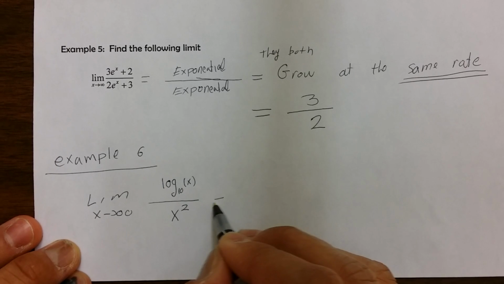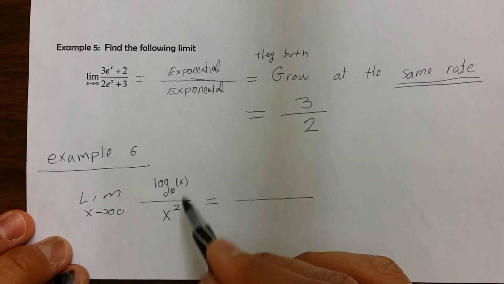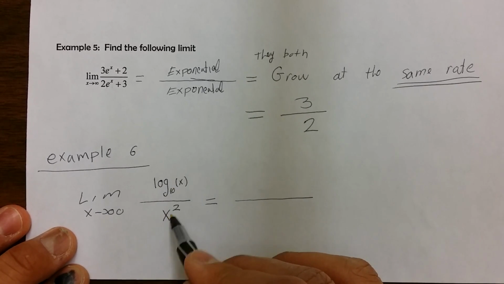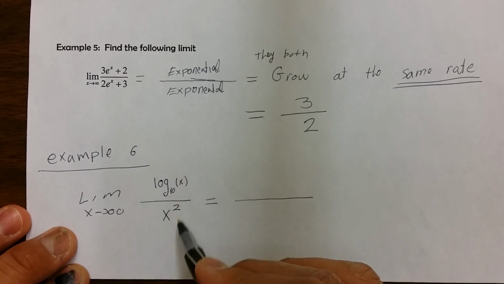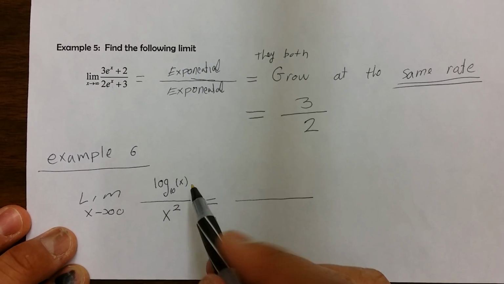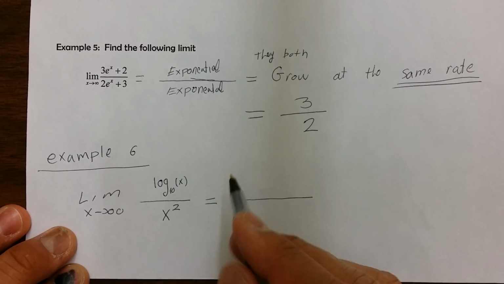Okay, well, how do we evaluate this limit? When we look at their growth rate, because these are not both rational functions, they're not both polynomials, so we can't use the rational function property. Well, we have to kind of use their growth rate to determine the value.